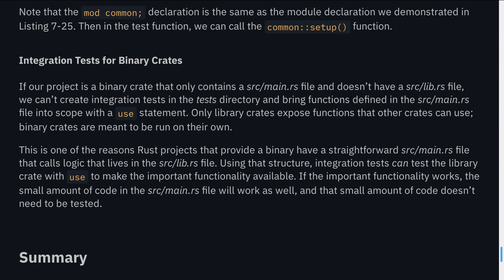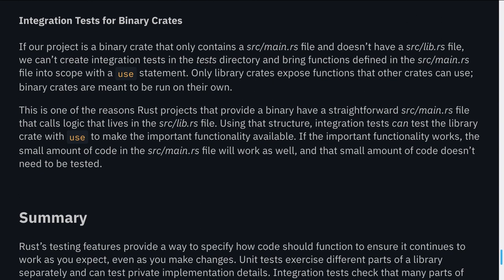Integration tests for binary crates. If our project is a binary crate that only contains a src/main.rs file and doesn't have a src/lib.rs file, we can't create integration tests in the tests directory and bring functions defined in the main.rs file into scope with a use statement. Only library crates expose functions that other crates can use. Binary crates are meant to be run on their own.